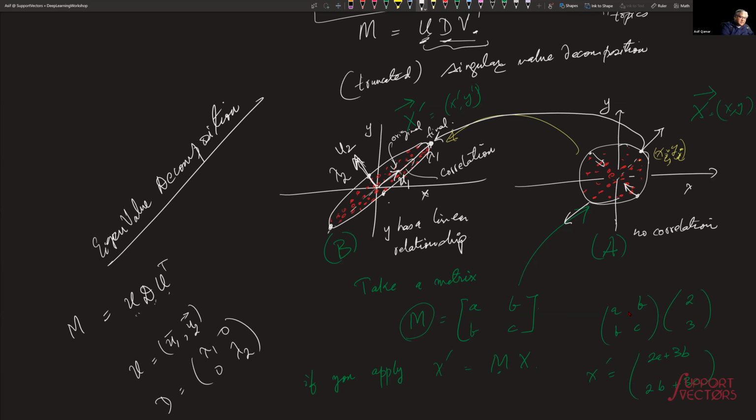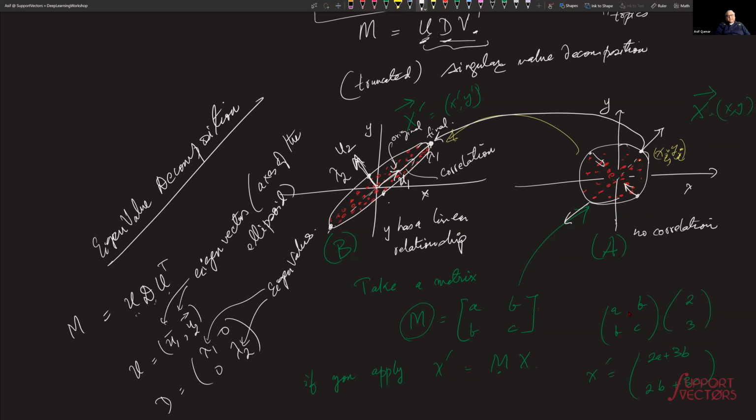These are eigenvectors, the axes of the ellipsoid, and these are called eigenvalues.